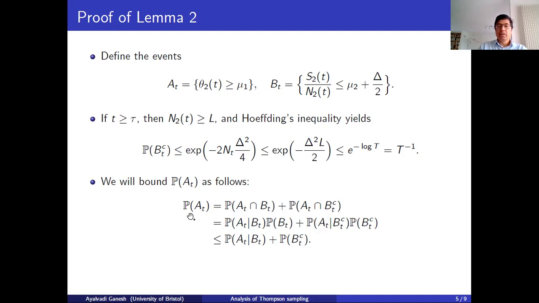So we bound the probability of AT as the sum of these two terms. We've already bounded the second term in the sum. We have this upper bound 1 over t on the probability of BT complement. So all that remains for us to do is to obtain a bound on this conditional probability of AT given BT. And that's what we are going to do in the rest of this lecture.